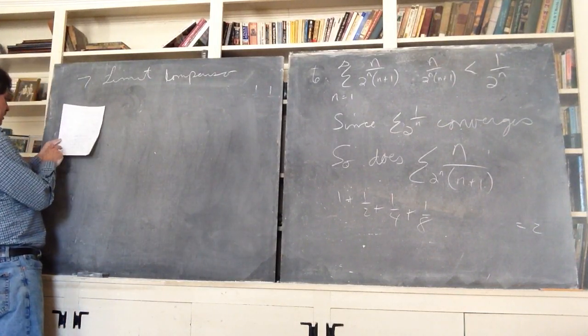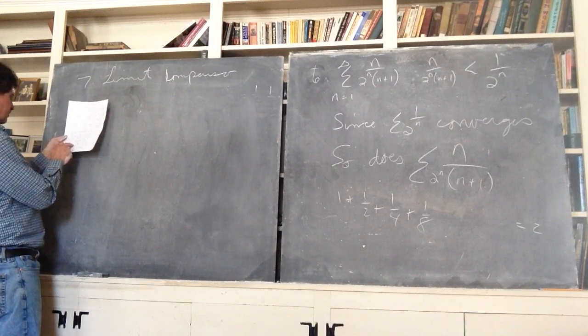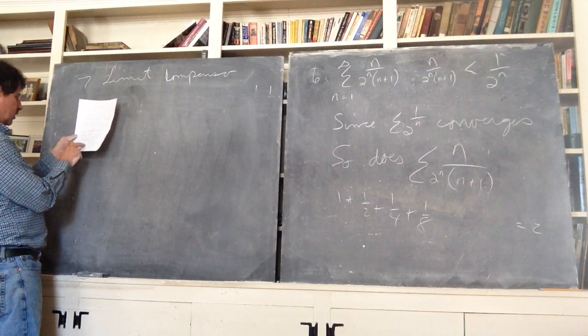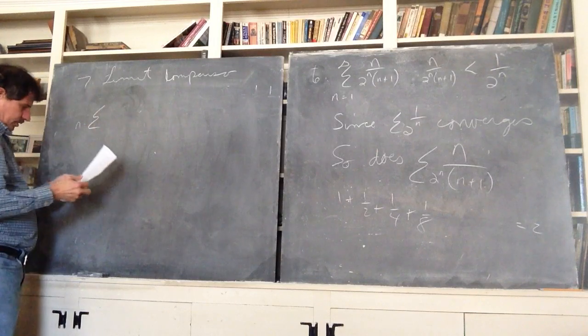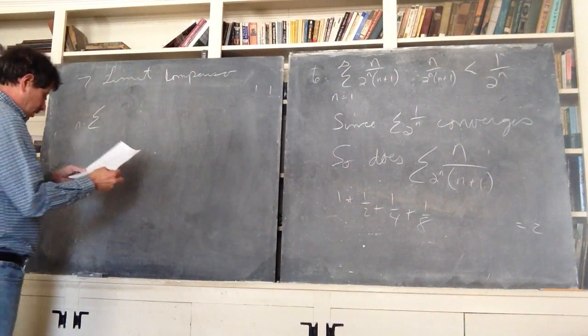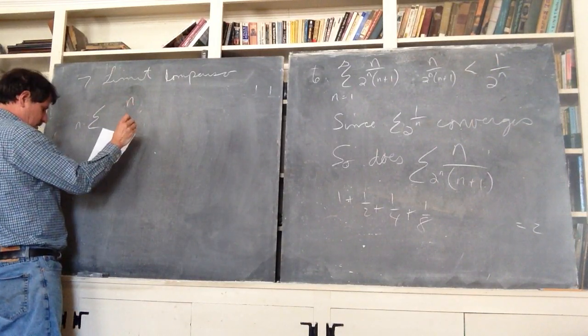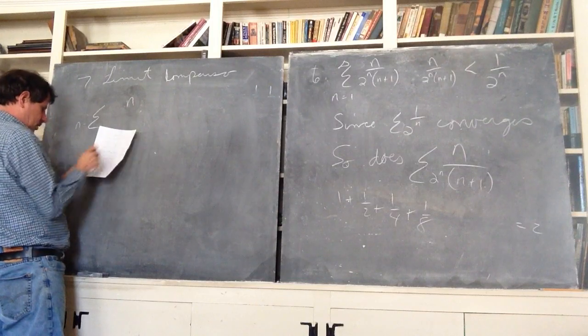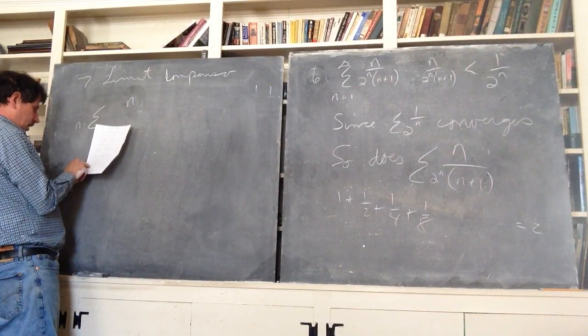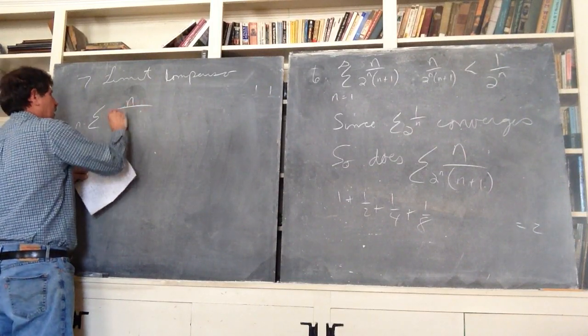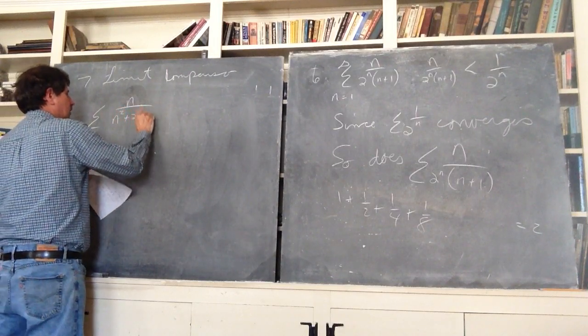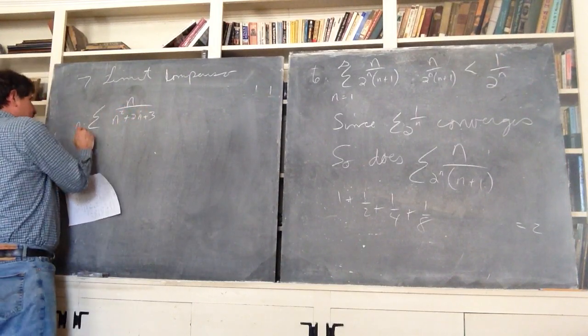It looks like this one, n squared over n squared plus 2n plus 3. We want to test the convergence of that.